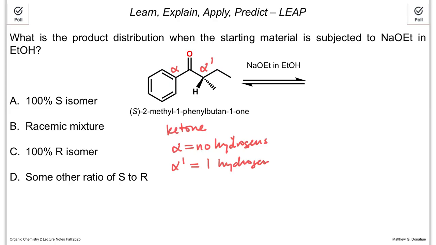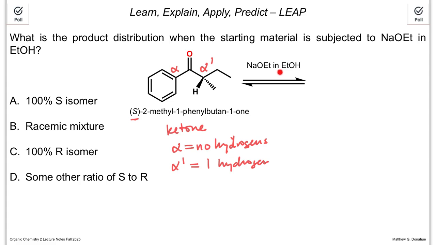Alpha prime has one hydrogen. The stereochemistry is set as S. So that carbon has 4 unique substituents. We can assign the S stereochemistry to it.